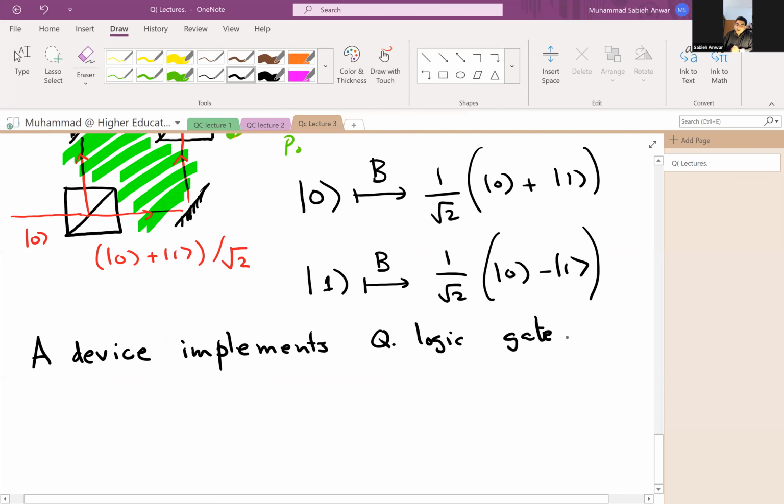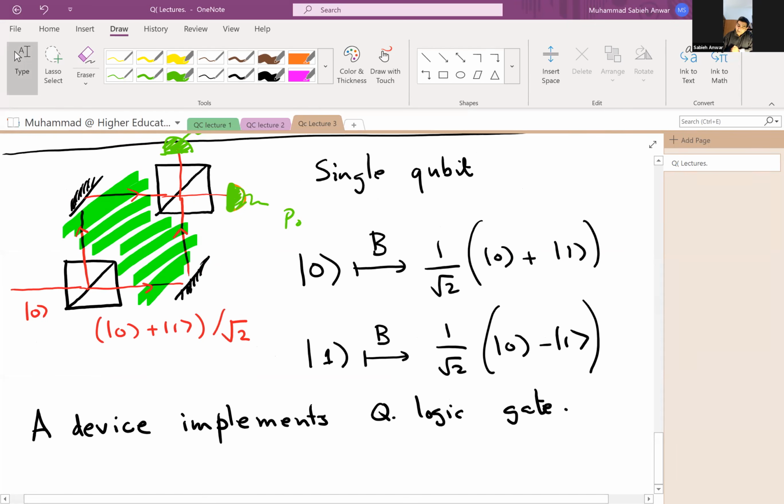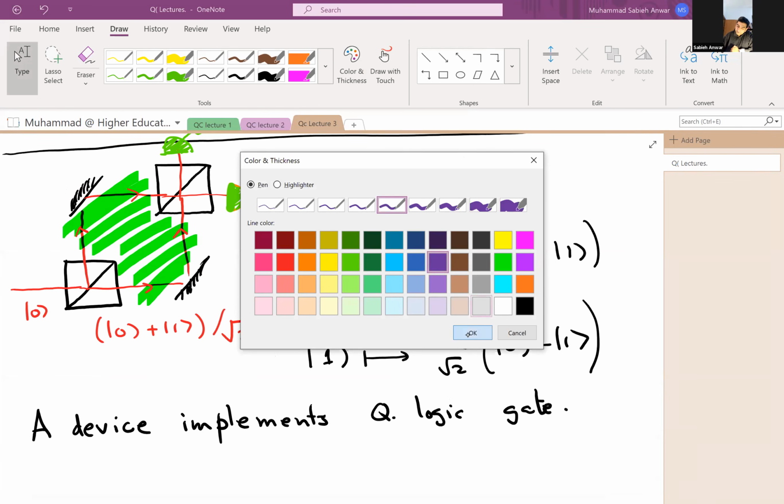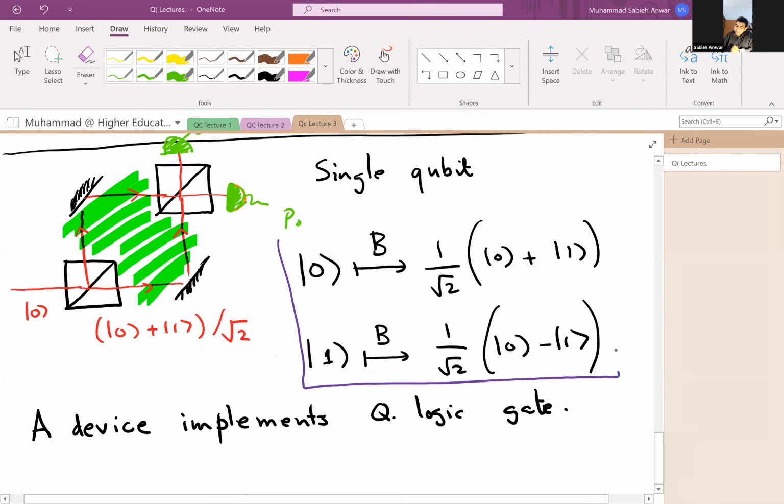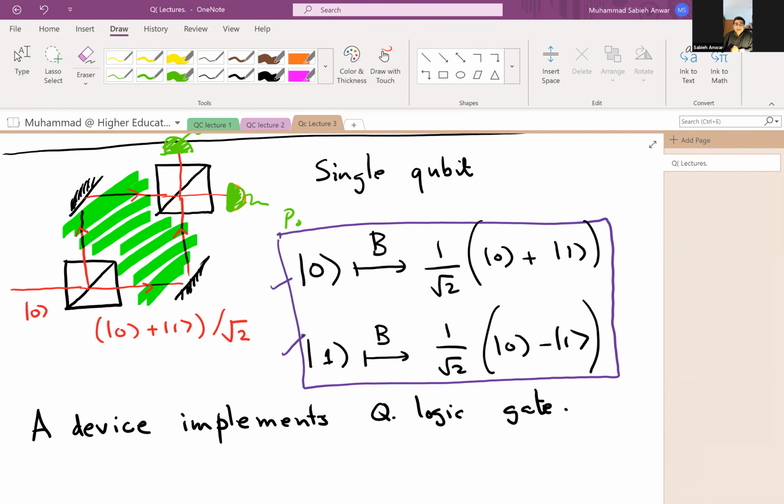And a quantum logic gate is always defined by a truth table. And the truth table is right here in front of you. This is the truth table for a beam splitter. And it's a special kind of beam splitter. It produces this output given the two inputs. And in order to define the operation of this logic gate, you need to know what is the action of this logic gate on each of the two input states, the two orthogonal input states.